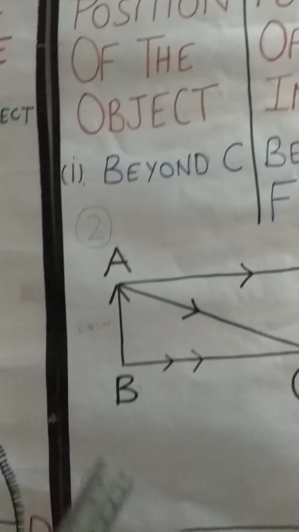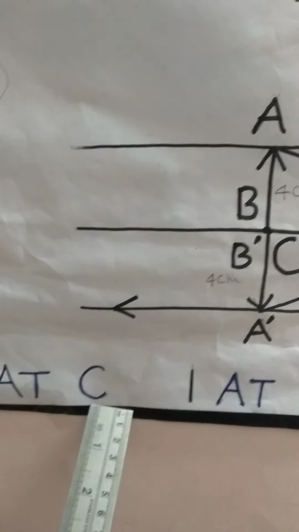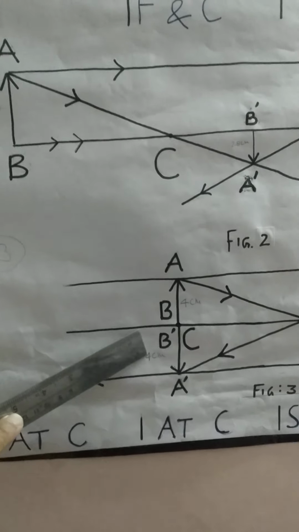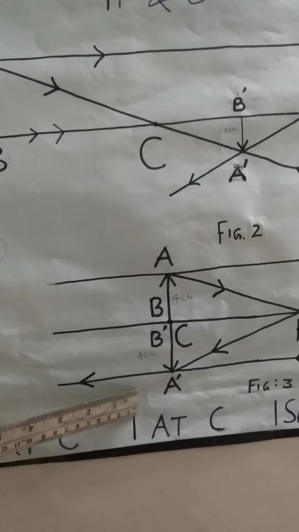Now, position of the object at C, at center of curvature. Position of the image: at center of curvature.